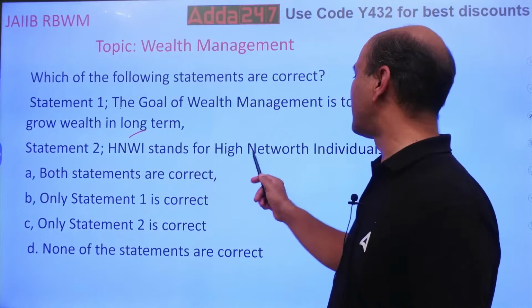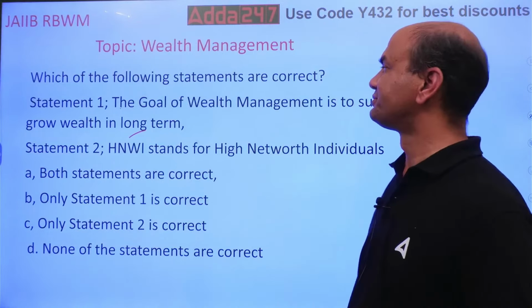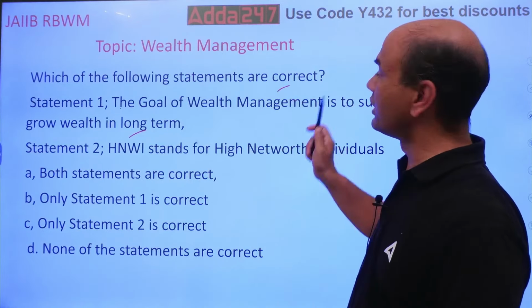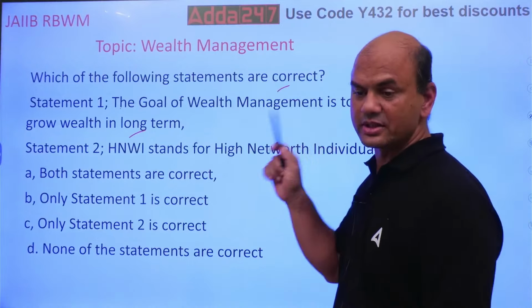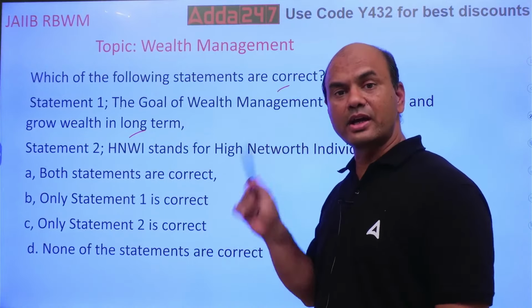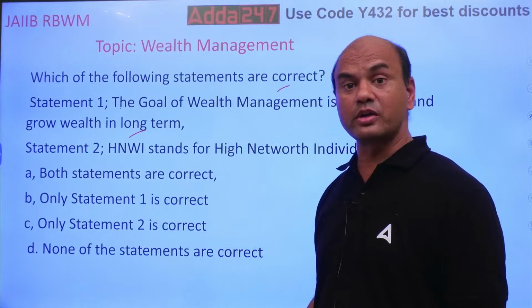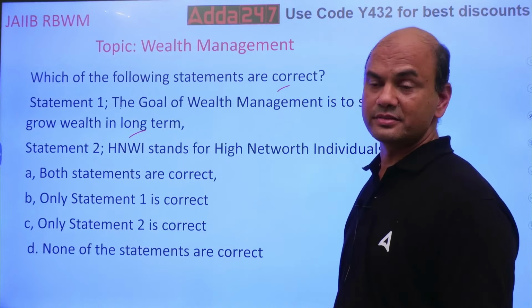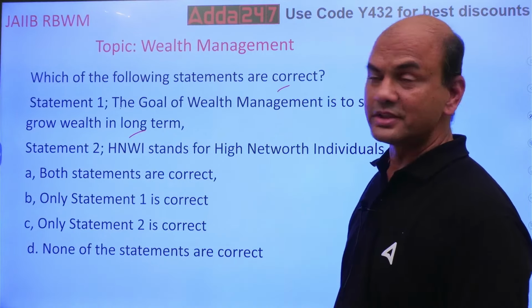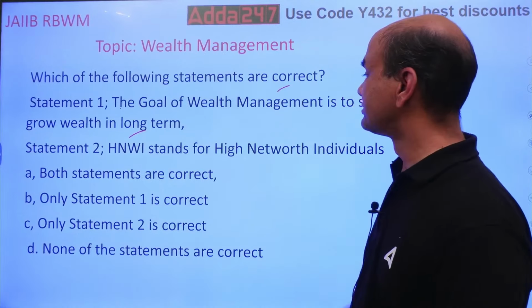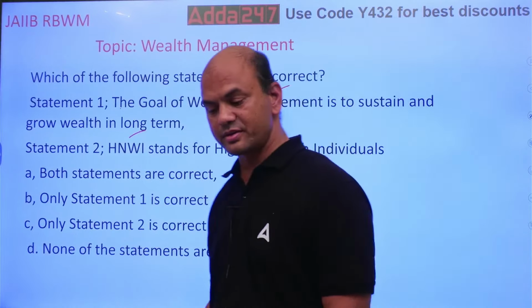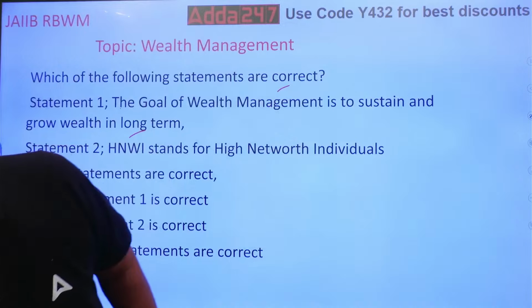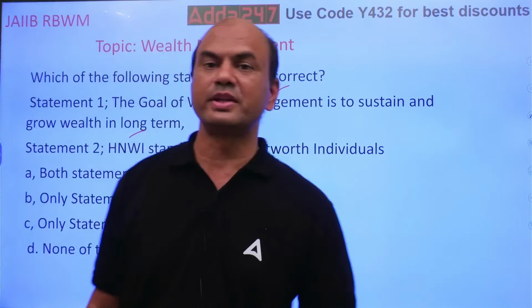HNWI stands for high net worth individuals. Which of them are correct? Always focus on the main question in the main line. Do you want correct or not correct? Earlier question it was not correct. Now it is correct. So, in that case, what do you do? Which one is true over here? Think. Which one is true?